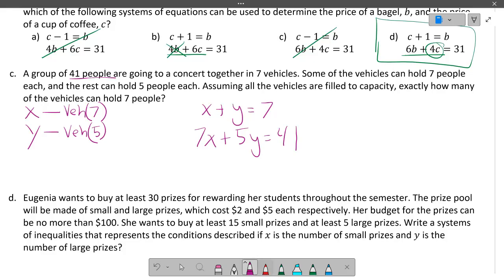Yeah. If we rewrite this to y equals 7 minus x and substitute it in, we're left with x. Y is gone. I don't care what y equals, so I don't need it anymore. It's done its job.